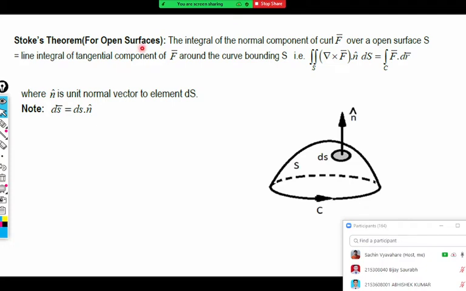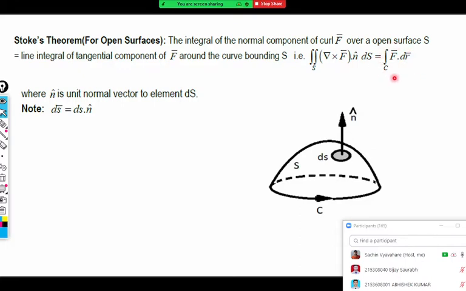It is for an open surface, and you can remember it as a double integral of the normal component of curl F bar. This del cross F bar is curl F bar, dotted with n cap. So a surface integral of the normal component of curl F bar is equal to the line integral of F bar.